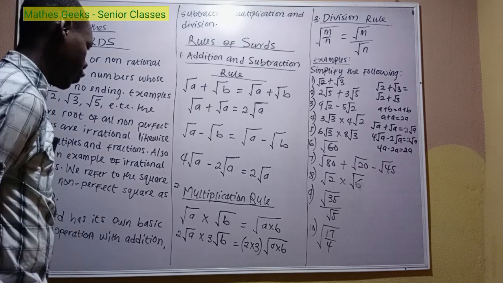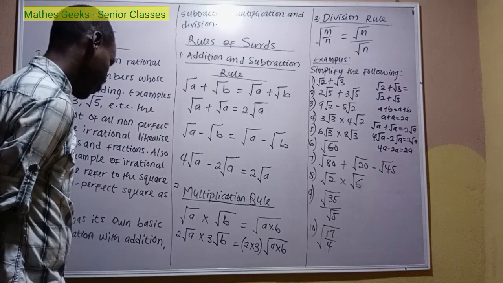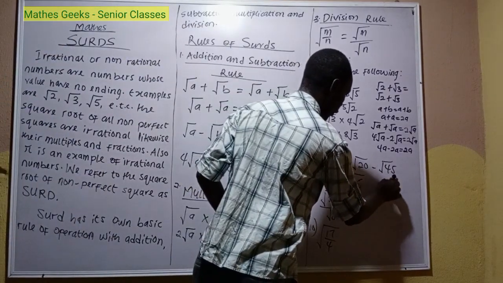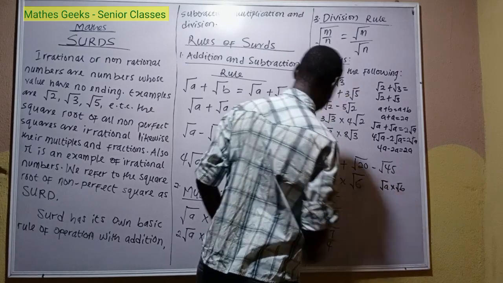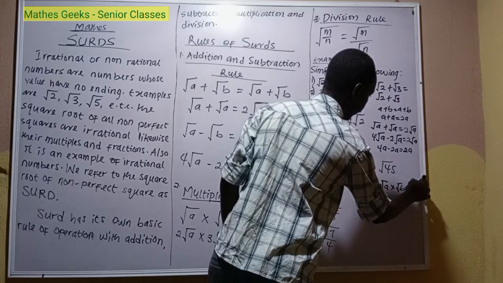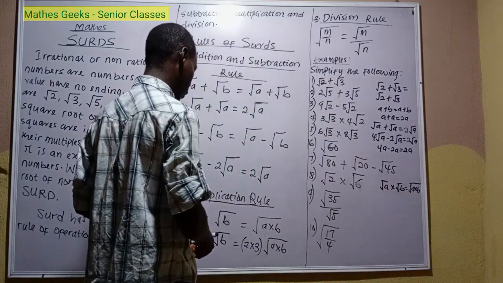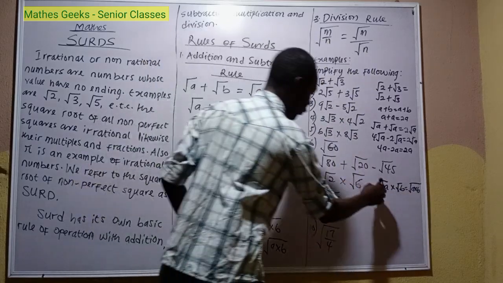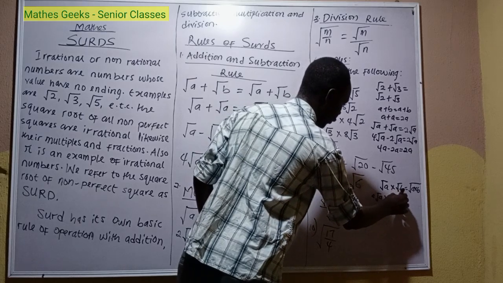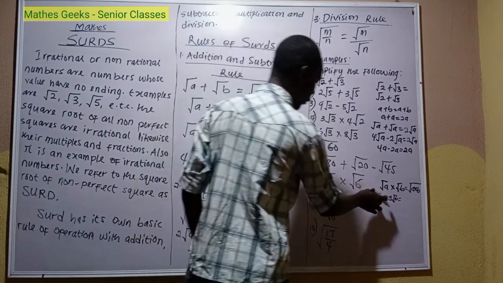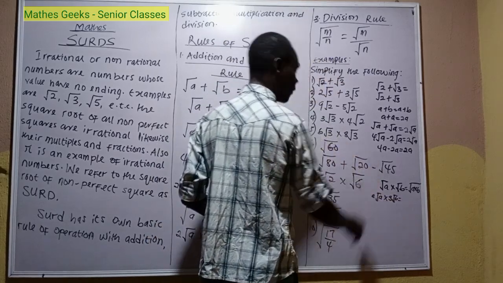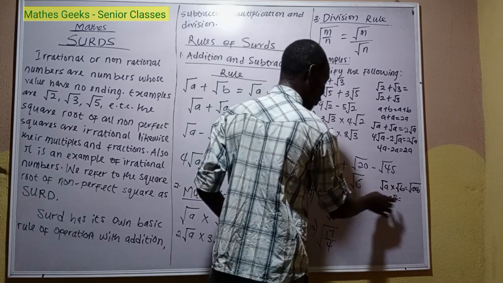Now let's look at the multiplication rule. The multiplication rule is basic. When we have root a times root b, this is equal to root of a times b. That's all. So if we have 2 root a times 3 root b, of course the coefficients will multiply themselves, and the variables also multiply themselves.